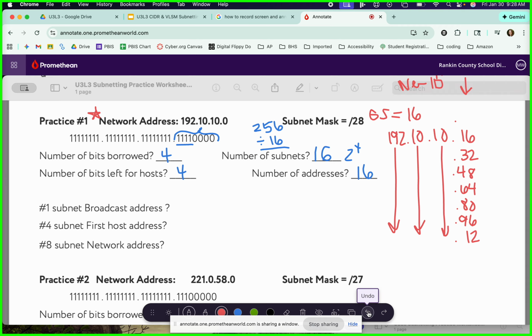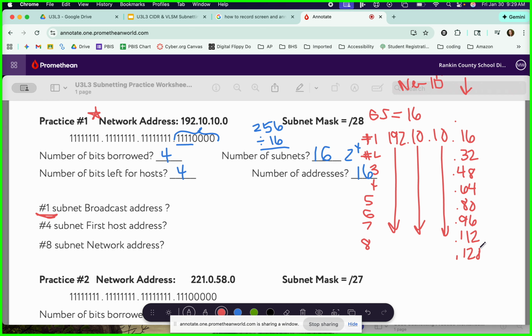So, what is the number 1 subnet broadcast? Okay, this is number 1. This is number 2. This is 3, 4, oh, hold on, 1, 2, 3, 4, 5, 6, 7, something else got deleted. 112, and then number 8 is down here, and that is 128.